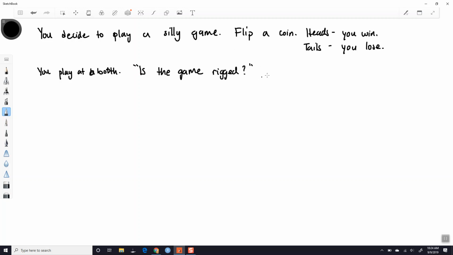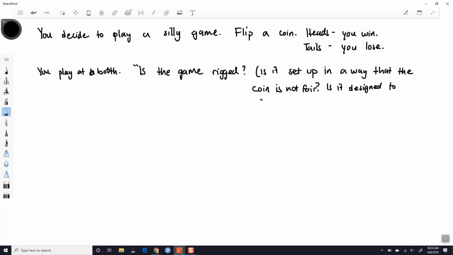Meaning, is it set up in such a way that the coin is not fair, and instead is designed to give the booth owner an advantage?